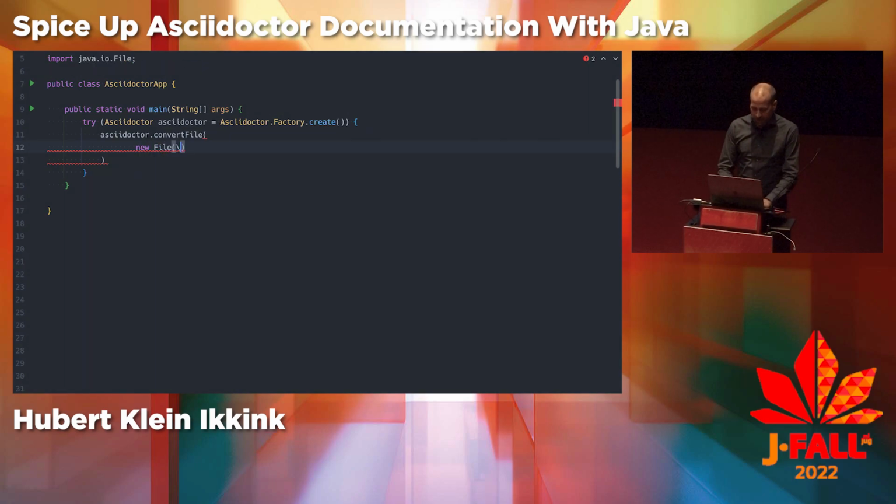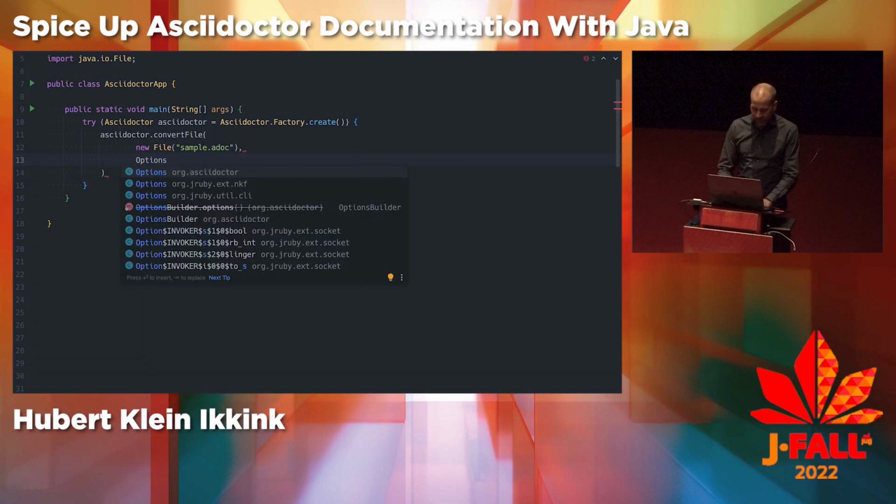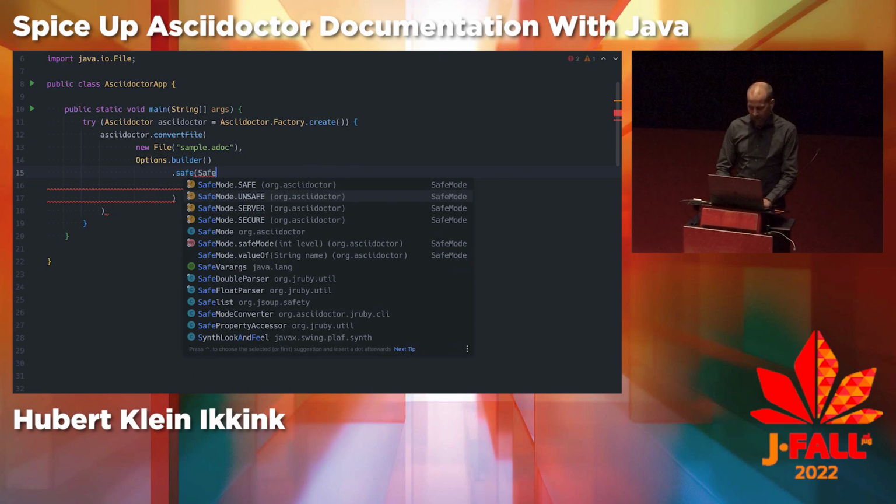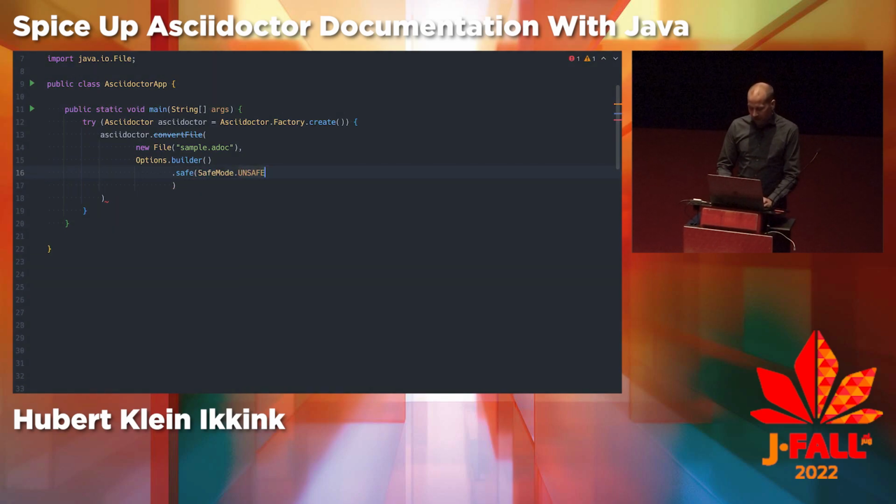So for example, I do have a sample a doc file. And the second argument is actually a list of options I can provide. And luckily, there's also a builder implementation, so I can do things like safe mode and safe. This safe mode is actually needed because I include external files. And I know it's on my local system, and I believe it works, but that's the nice thing. I can also define a backend, for example.